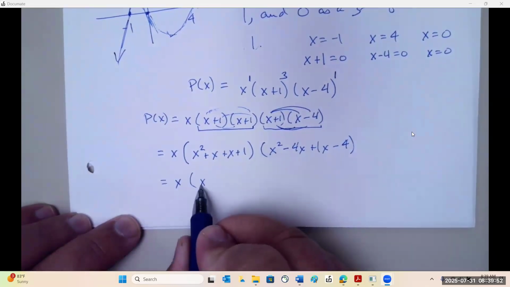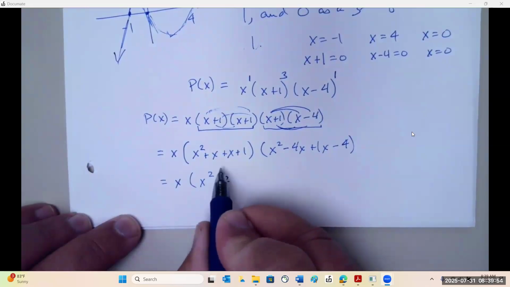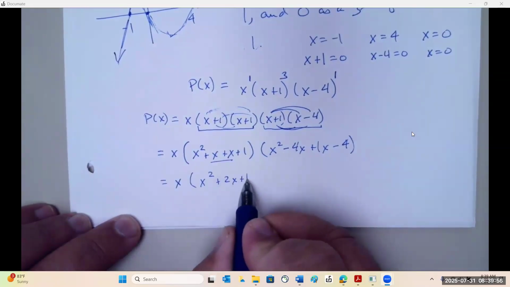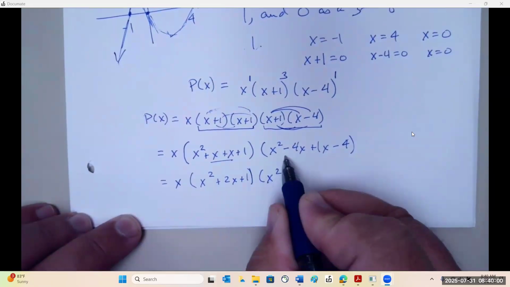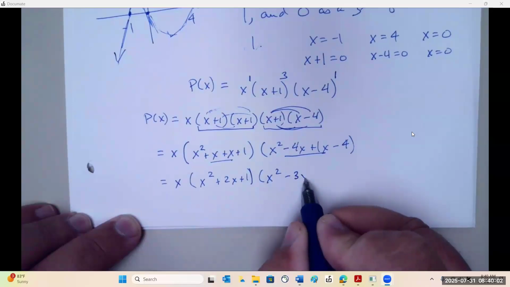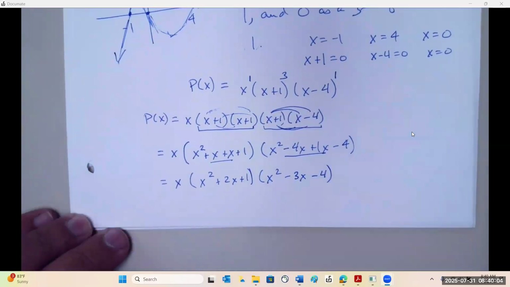Combine like terms: x squared plus 2x plus 1, x squared minus 3x minus 4.